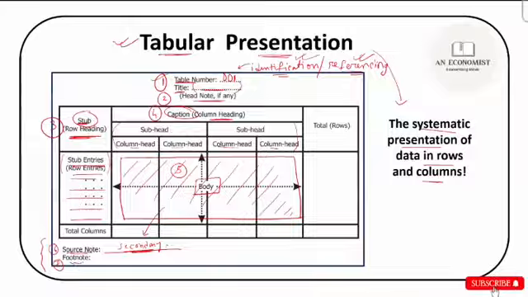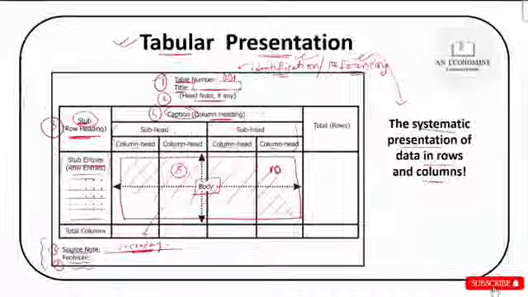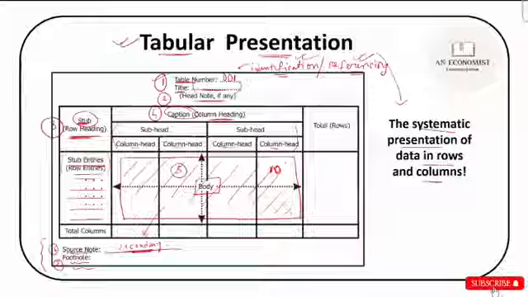And the seventh and the final component would be the footnote. Suppose you have used some data here. Suppose the value of this particular cell is 10 and you want to write something about this value, from where you have got this or what is the significance of this value, right? So what you do, you put a star mark here and a star mark here also and write the significance of that value or anything.